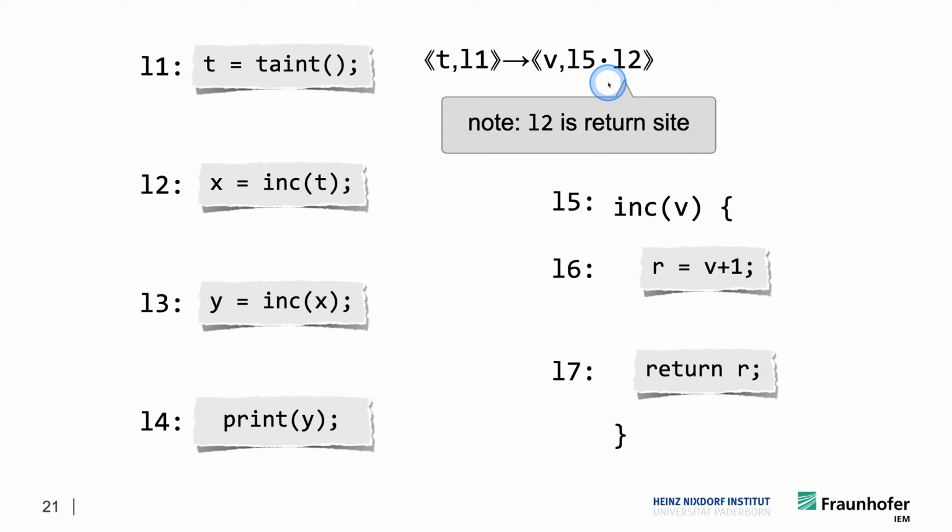And like I explained, line 2 is then also the return side, right? So later on, you will see when we actually get to this return statement here, we will pop the top element of the stack, and then line 2 is the element that will remain on the stack, and that will then cause the analysis itself to continue at line 2.